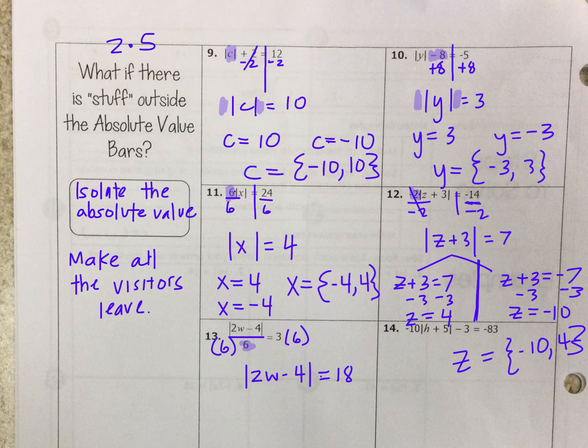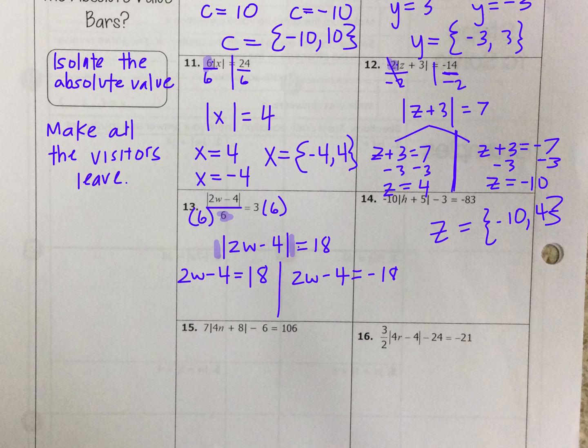There's no other visitors now. None right there, none right there. So now I can get out of jail. He went into jail with the 2w minus 4, so that's how he has to get out of jail. He has two choices. He can be good or he can be bad. He can be positive 18 or he can be -18.